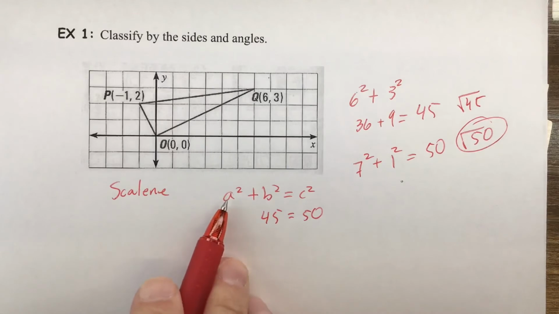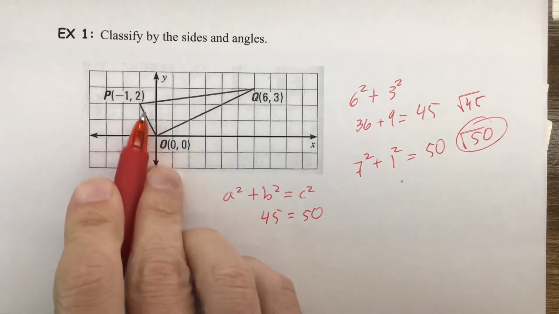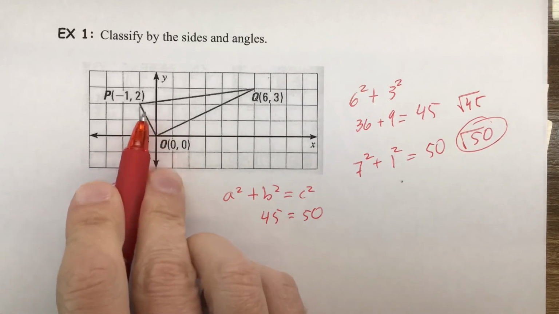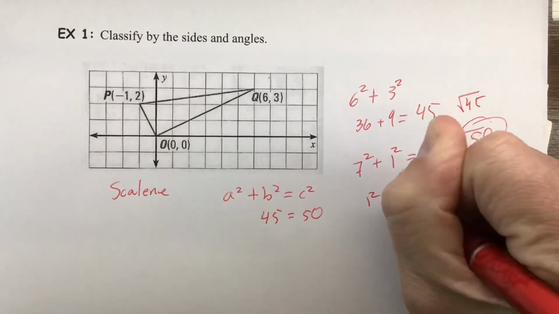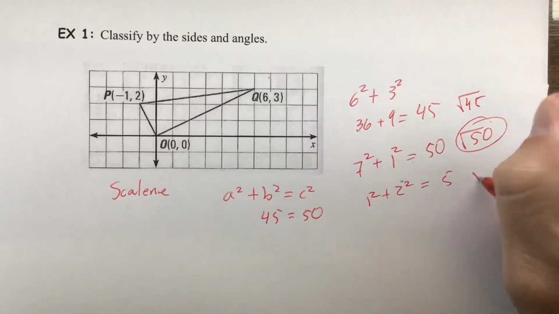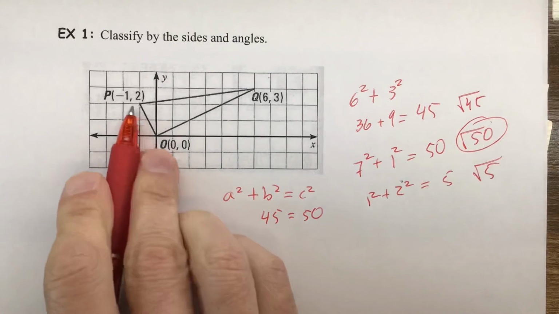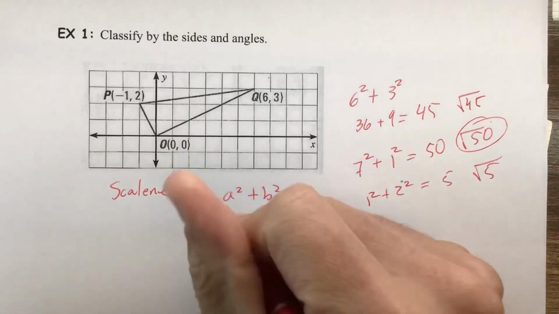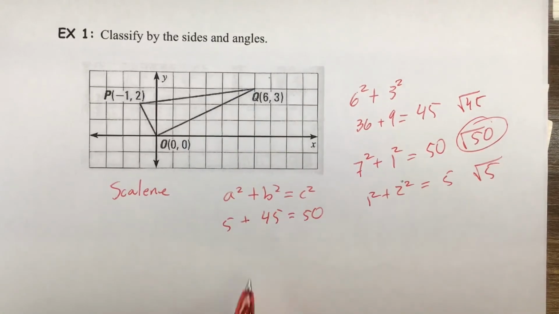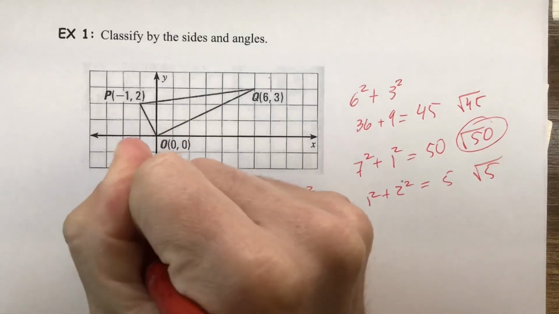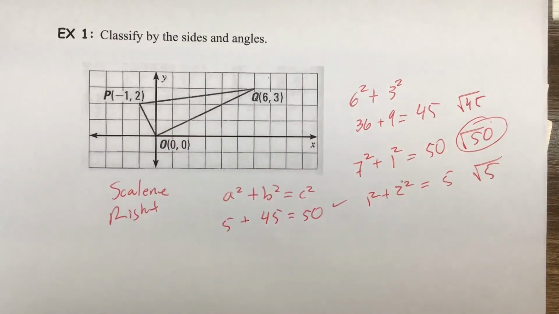For the little side here, if we treat that as a hypotenuse to get its length, we would have a 1 by 2, so 1 squared plus 2 squared, which would be equal to 5. So the square root of 5 is that length. But if you take the square root of 5 and you square it, you're going to end up with 5. And this checks out. 5 plus 45 is 50. That means that we do have a right triangle.